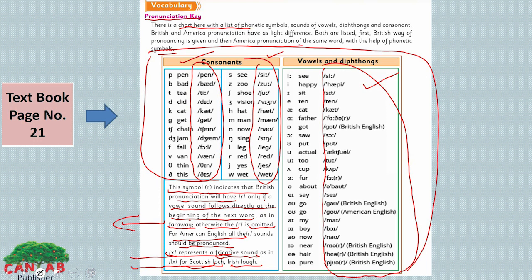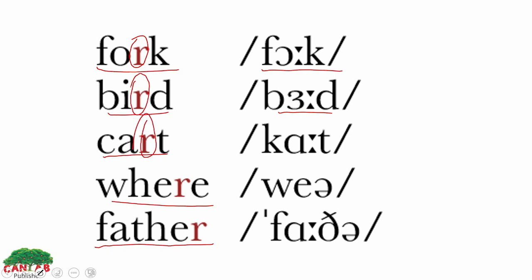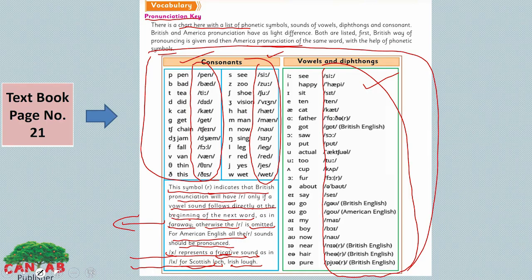Let me give you some examples of silent R: fog, bird, cart, where, father. In British English the R is silent here. But always remember that if a vowel sound follows directly at the beginning of the next word, as in far away, the R is pronounced; otherwise it is omitted.